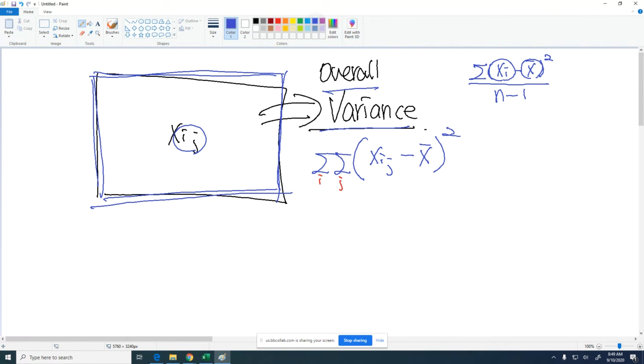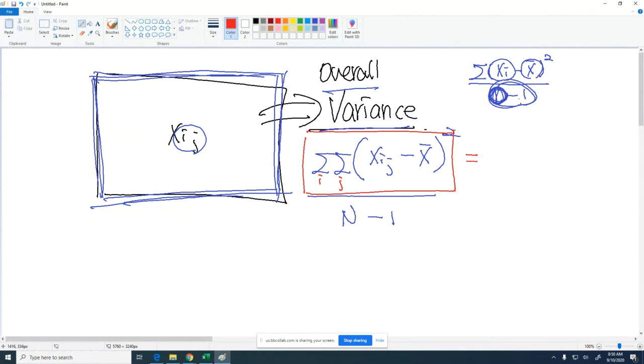Then what? We should divide it by the degrees of freedom. Before, the degree of freedom was the sample size minus 1. Now, in a data set, it is overall. How many observations? Big N, minus 1. Please look at the numerator. Who is this?